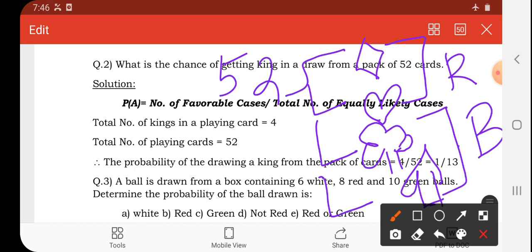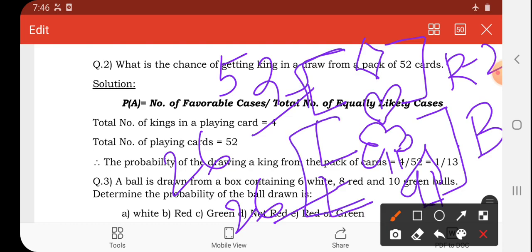Right? This is clear. From these 52 cards, you will be getting these 4 sets, of which red cards are 26 in number, and black cards are 26 in number. So you can see that there are 26 red cards, 26 black cards.